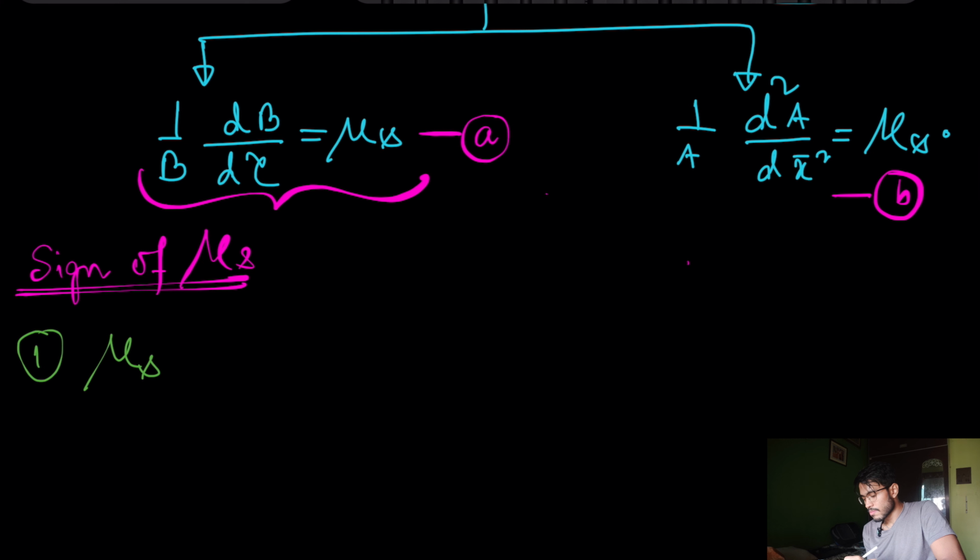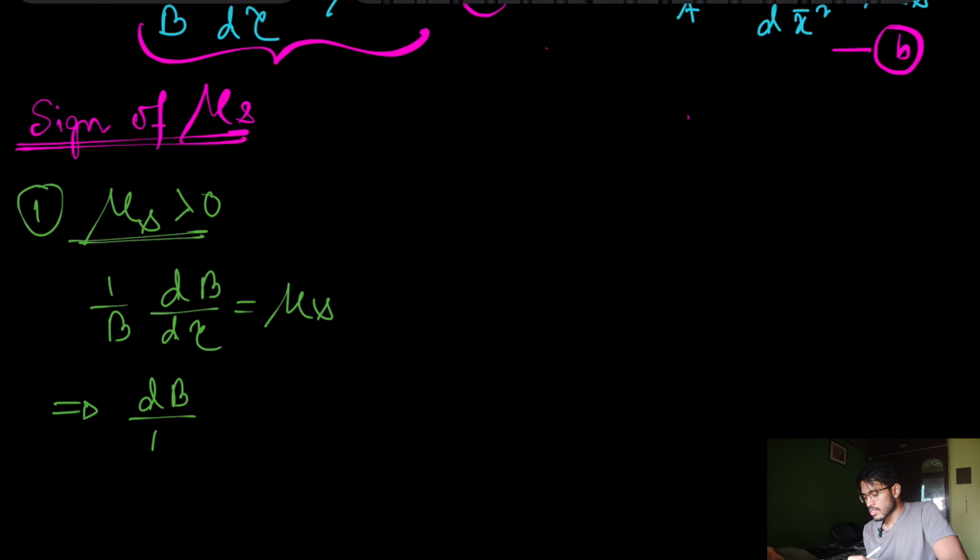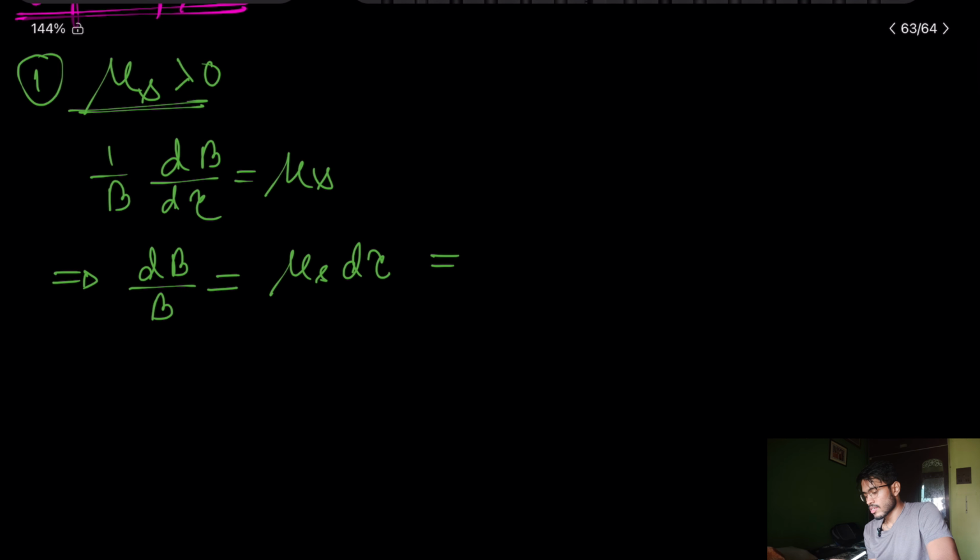Let us say that mu s is greater than 0. Okay, and keeping this in mind, we will be solving the equation small a, right? So I will be quickly solving this.